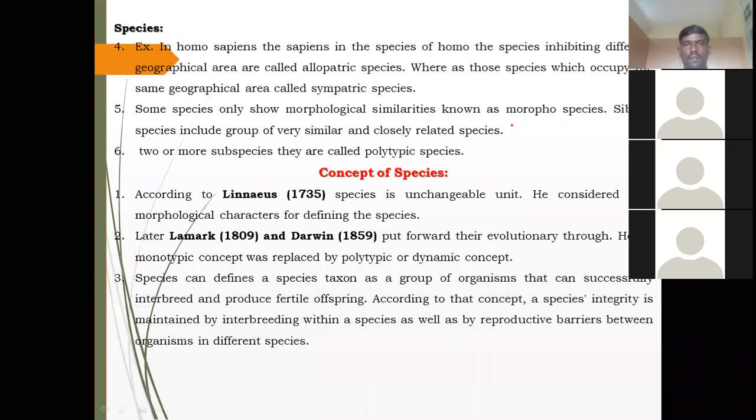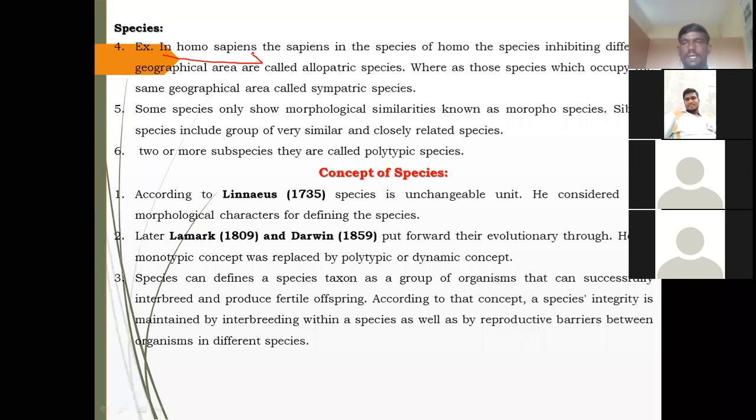आणखी काही एक्झाम्पल आहे ते आपण पाहूया. For example, in Homo sapiens, it is the name of human being. होमो सेपियन्स. Sapiens is the species of Homo.